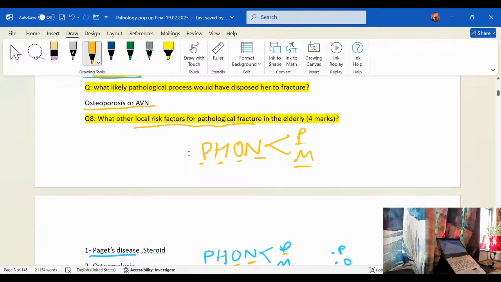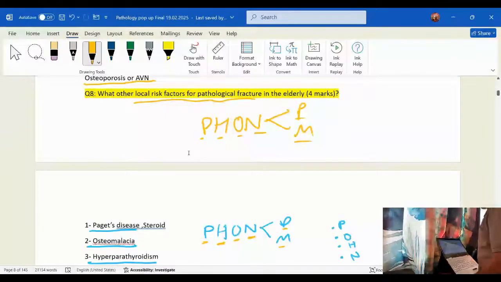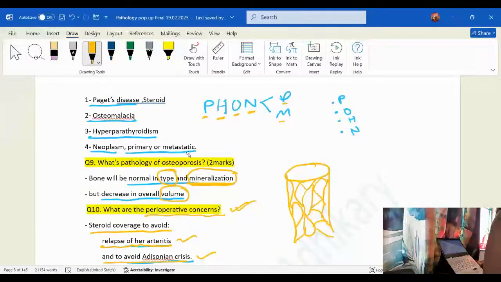Other causes: Paget's disease, hyperparathyroidism, osteomalacia, and neoplasm, primary and metastatic.